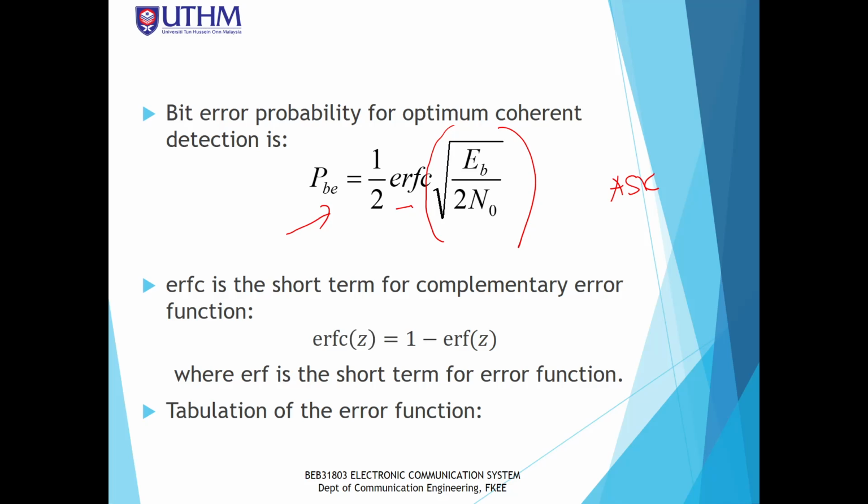Okay, so this is inside the ERFC equation. I put it in brackets because this belongs to the ERFC function. Okay, so ERFC is the complementary error function. ERFC of Z is equal to 1 minus ERF of Z, the error function. ERFC is the complementary error function, ERF is the error function. So what's the difference? We will see later. Basically they are related to each other. So ERFC is 1 minus ERF.